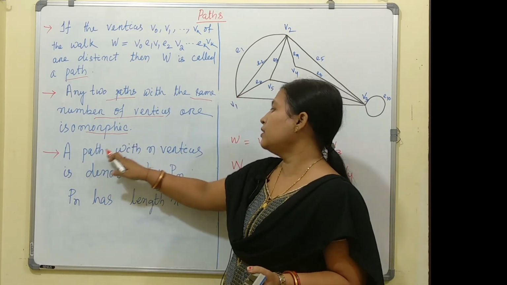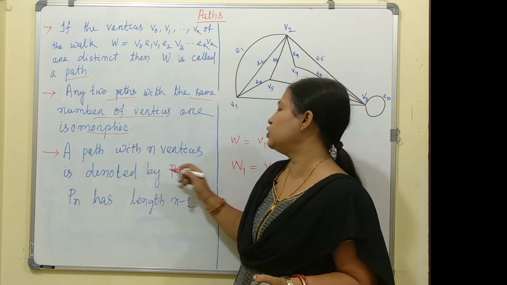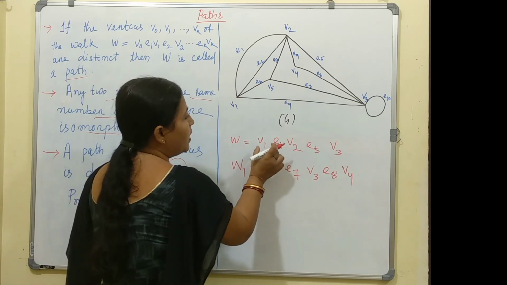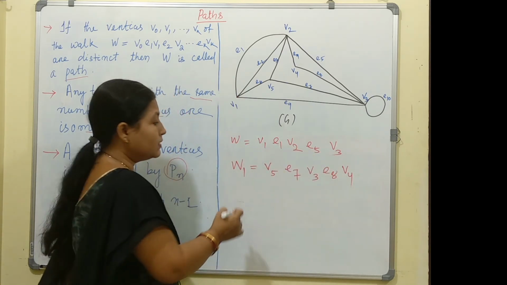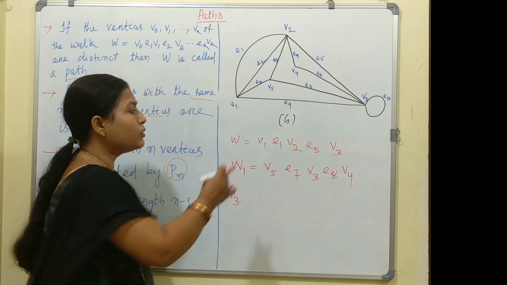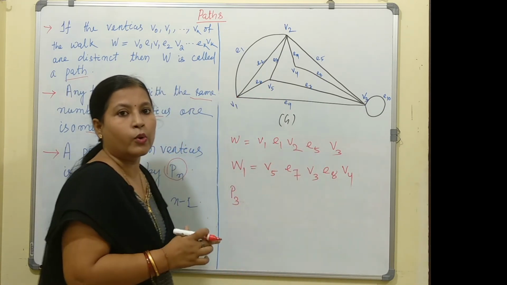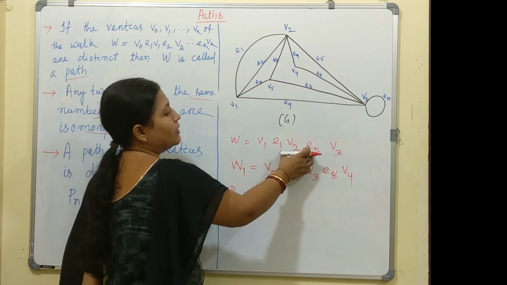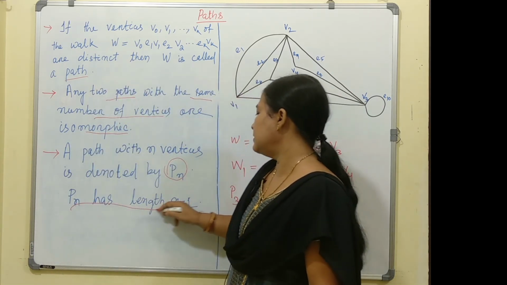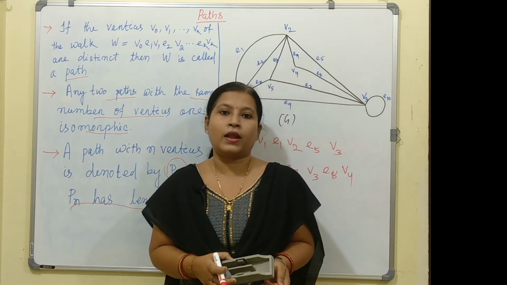Next, a path with n vertices is denoted by Pn. So this W1 has 3 vertices, so it is P3. So there are 2 edges. So Pn has n minus 1 edges, so Pn has length n minus 1.